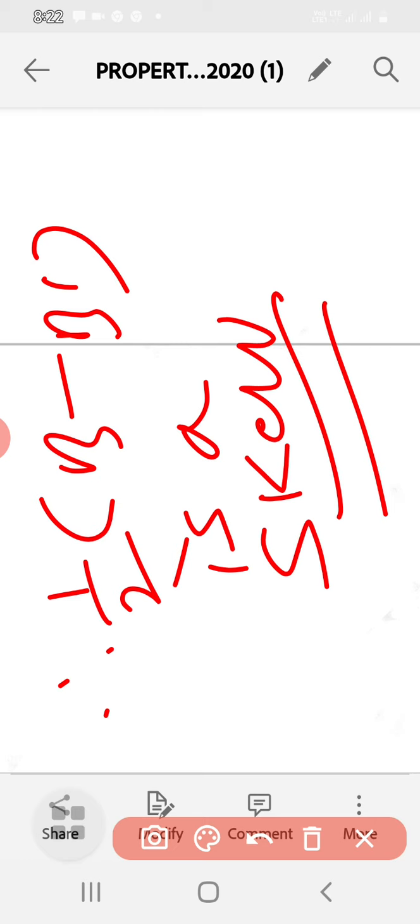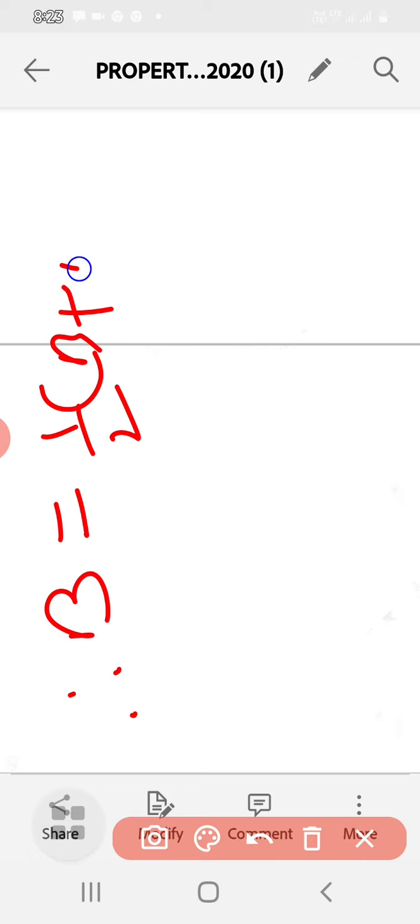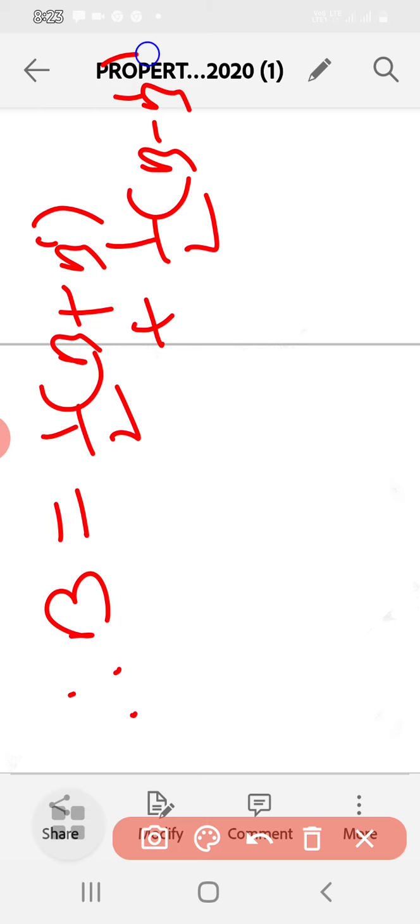Therefore the given matrix is written as a sum of symmetric and skew symmetric matrix. So we have written the given matrix B as half into B plus B dash plus half into B minus B dash.